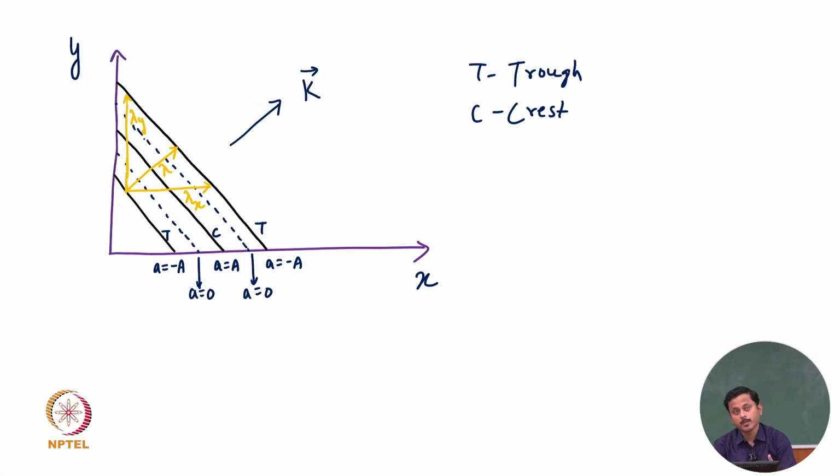So lambda is the wavelength that is seen by an observer, a physical observer, and lambda x and lambda y are the projections of this lambda along the x and y axis.